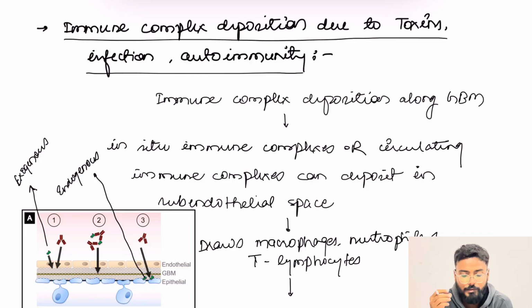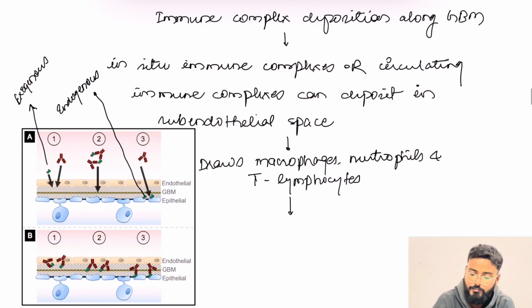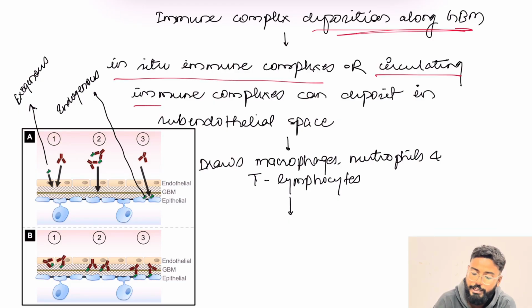But if they have a tendency to deposit, they can get deposited there, and that's how they can elicit an inflammatory response, which in turn is going to damage the normal structures. So immune complexes are deposited along the basement membrane. This could be in situ immune complexes, or circulating immune complexes.